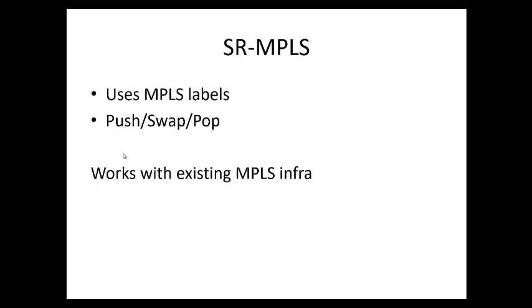As it enters a router, it has to swap the label. That's how it is designed. But the difference is here it is swapping with the same label, not with a locally generated label. It swaps with the label that is globally used and advertised using IGP.